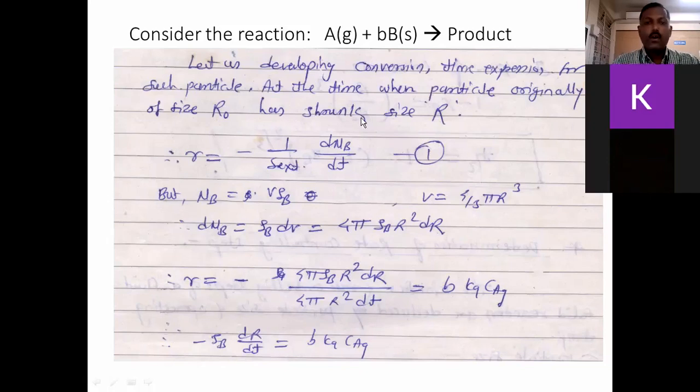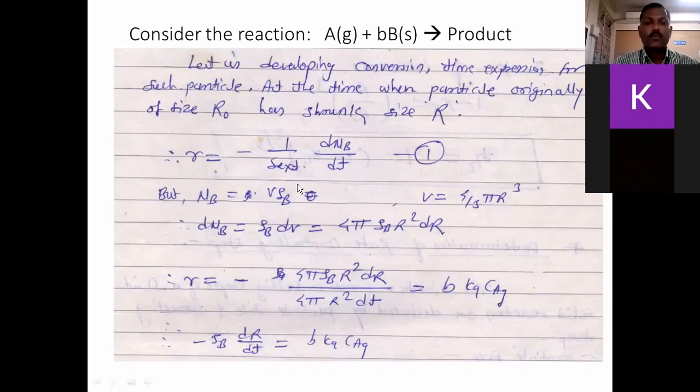In the previous derivation, we saw that the original size of the particle does not change; the particle is unchanged in size. Only the unreacted core particle size changes, and we took its radius as RC. Now the initial particle size is R0 and the shrunk size is R during time t.